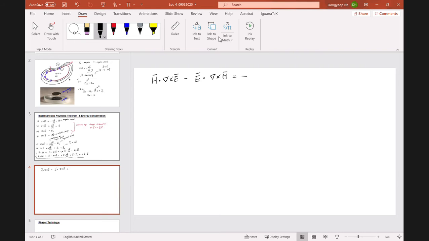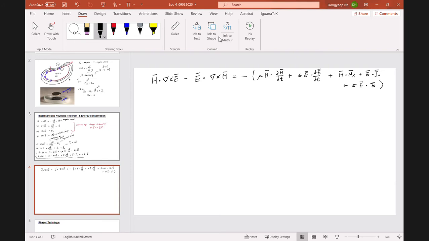We get the minus sign ahead of this bracket, so that we have mu H dot partial H partial T plus epsilon E dot partial E partial T, and plus a source term, which is H dot Mi plus E dot Ji, and the conductance term.